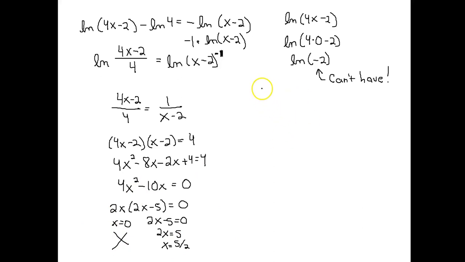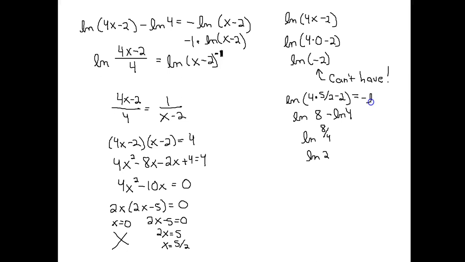What about 5 halves? I have natural log of 10 minus 2 or 8. That's okay. So that minus natural log of 4. So that's natural log of 8 over 4 or natural log of 2.